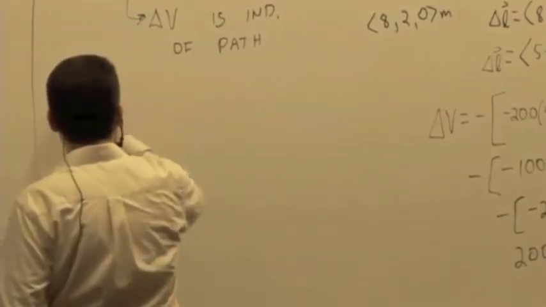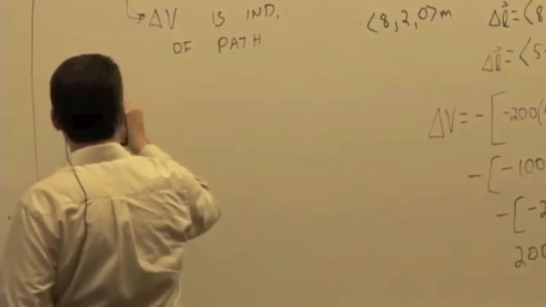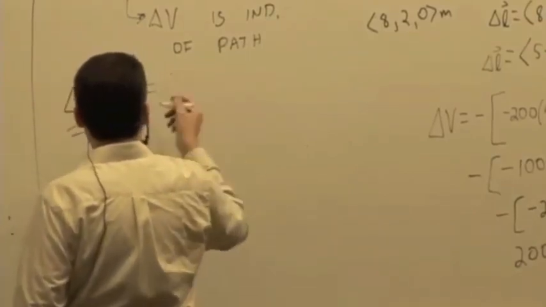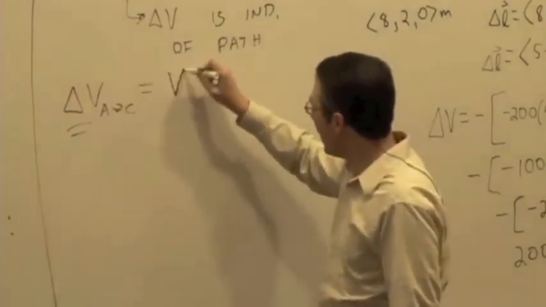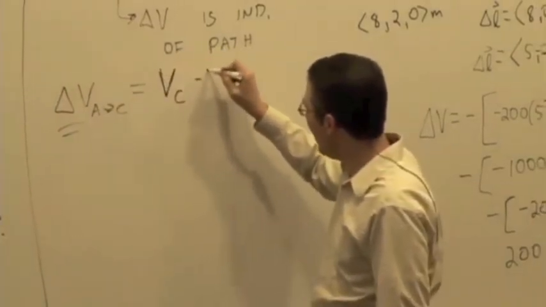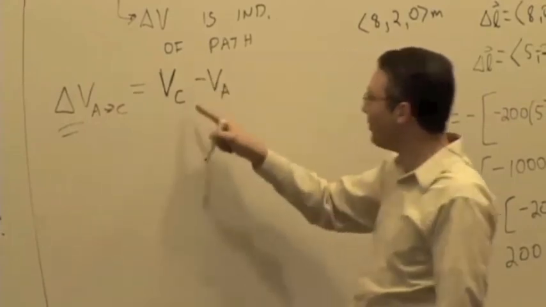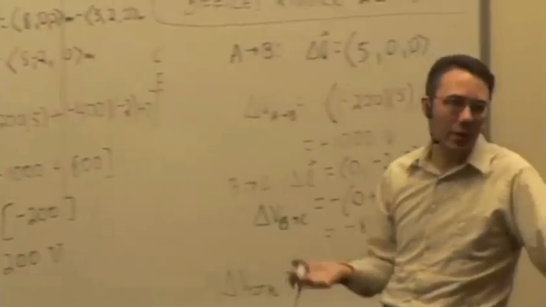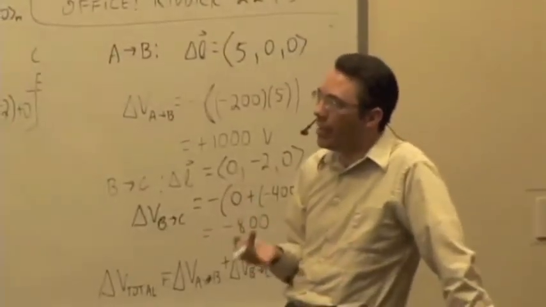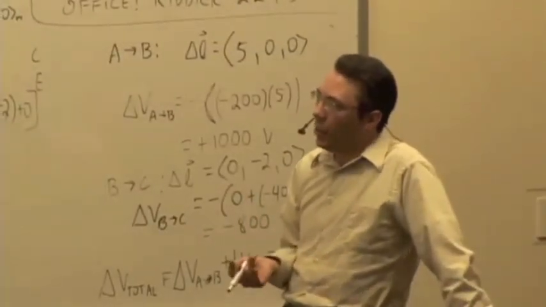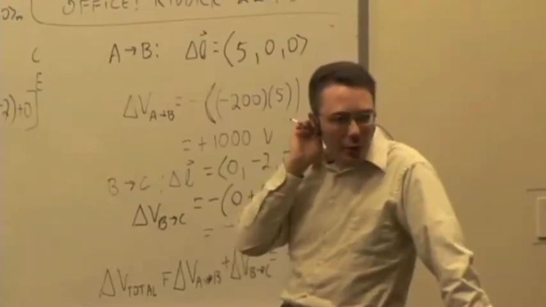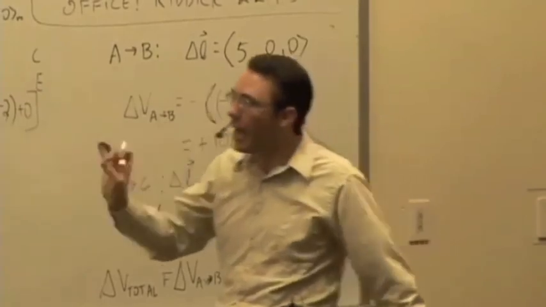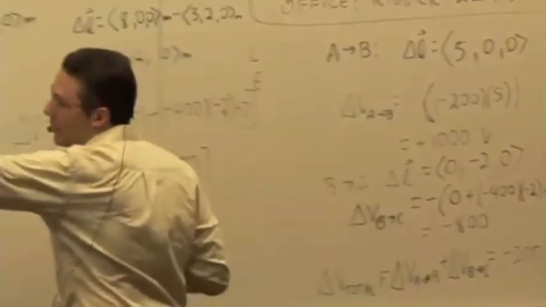Another way we can write this, if I say delta V from A to C. Now, as the delta indicates, it's a subtraction. It's a final minus initial. I can say V sub C minus V sub A. Well, this implies that there is a value for the potential at a location C and a value for the potential at a location A. How we calculate that is a different story, and we'll deal with that later in the next lecture. But there is a particular value at the potential. We're finding the difference between them.